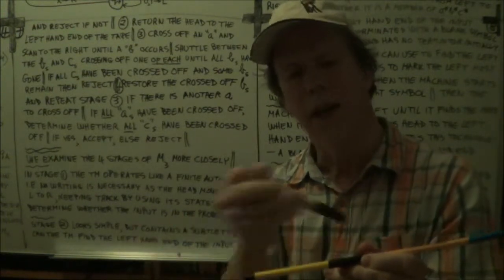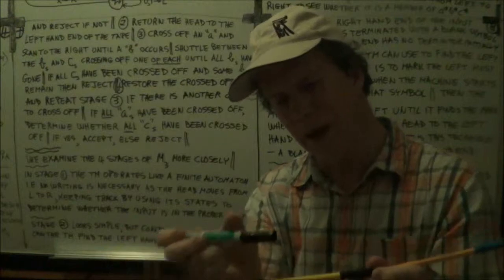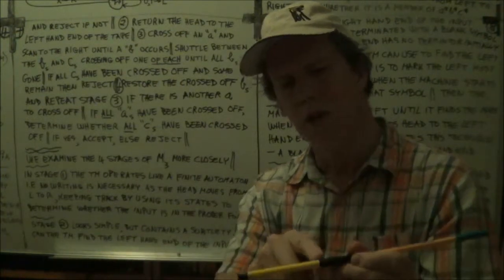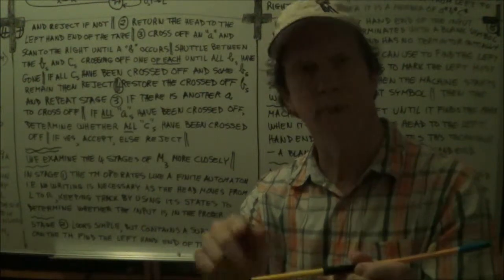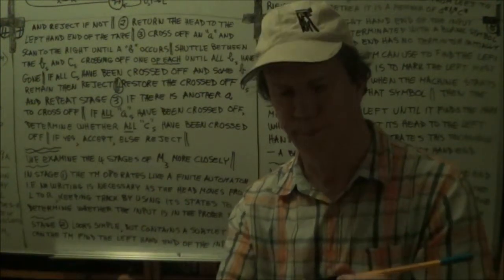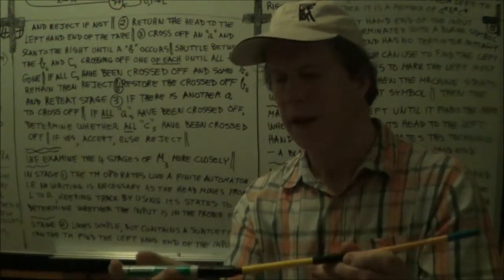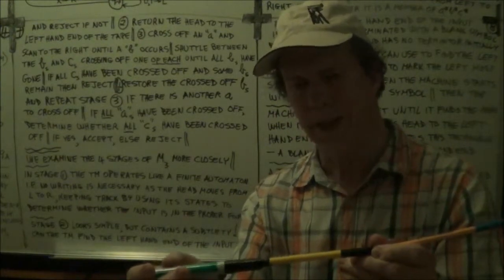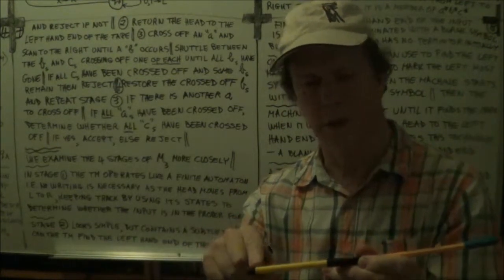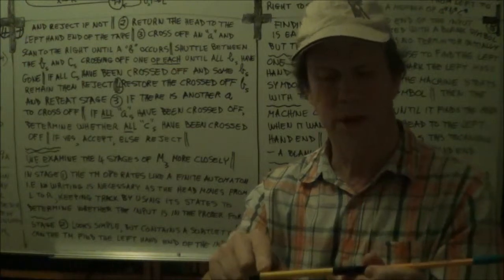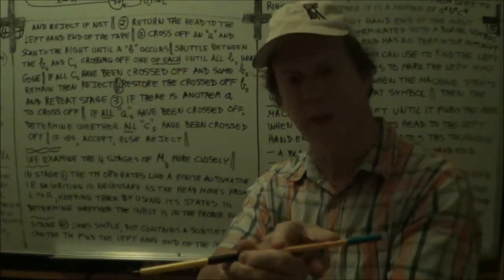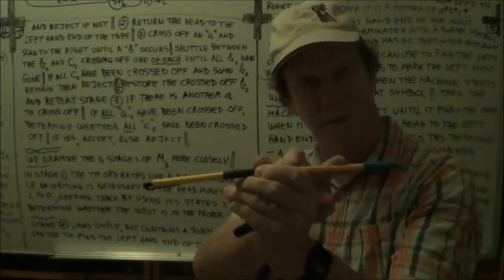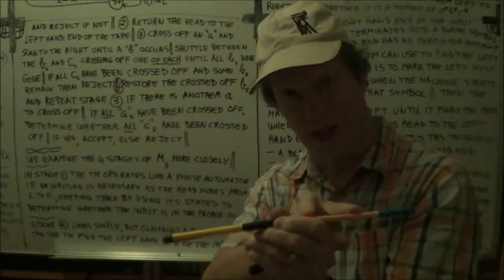By the way, in coming back the first time, you restore your B's, so the X's in the B's become B's again. Now you cross off your second A, and you're in the same loop again. For the number of B's here, you cross off an equal number of C's in your C band. You're probably getting the idea now, okay?